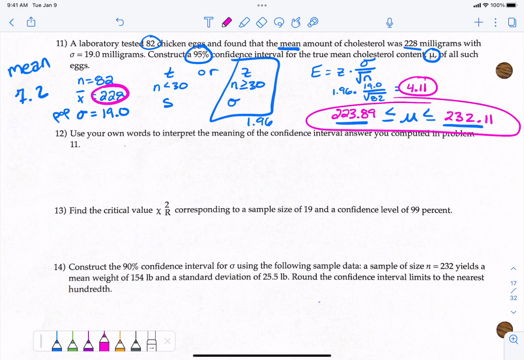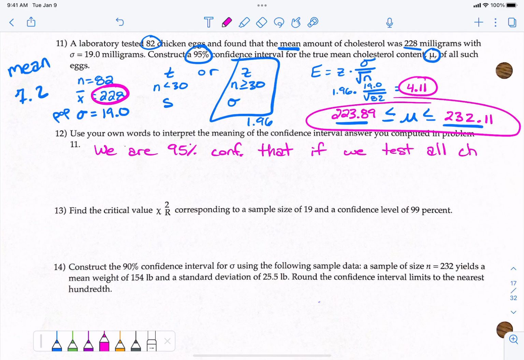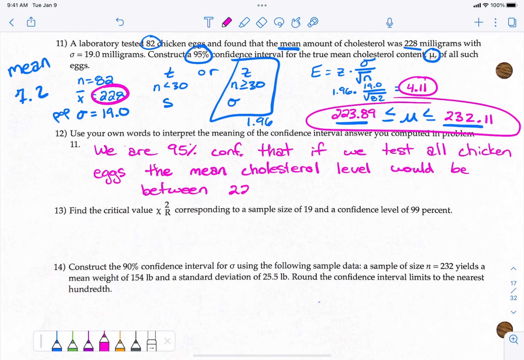So start with: we are 95% confident that if we test all chicken eggs, the mean cholesterol level would be between 223.89 mg and 232.11 mg. That's a pretty small window because our error is rather small.